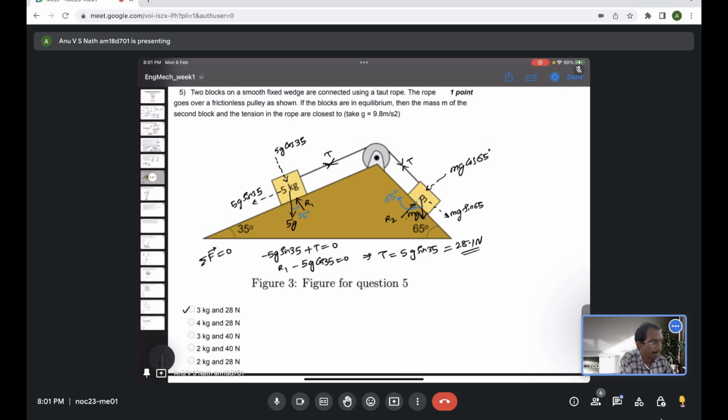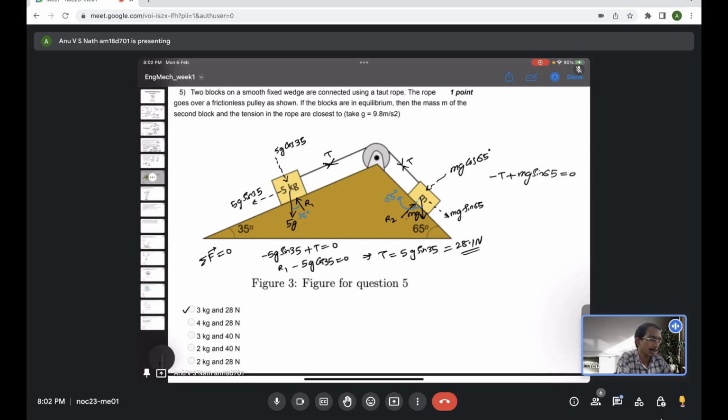So I think our option is then correct. We also have to evaluate the mass m. So now we come to the second block, where if you similarly write the equilibrium equations, minus T plus mg sin 65, they are balanced, along the direction of tension.